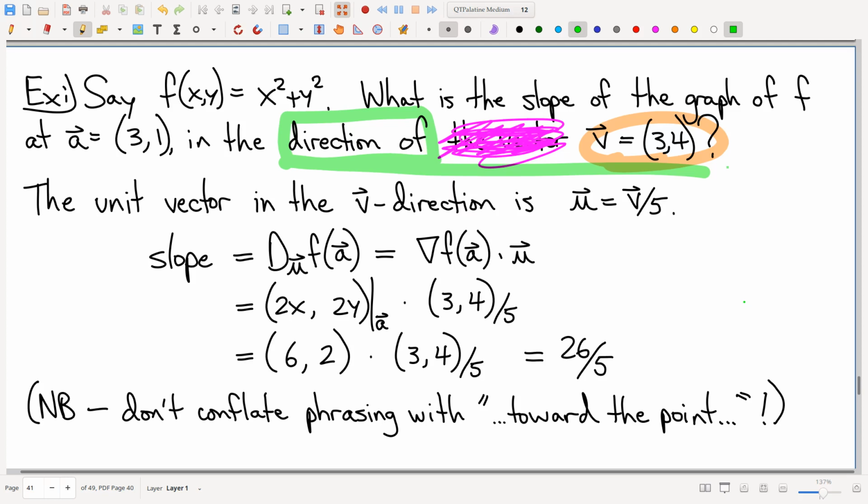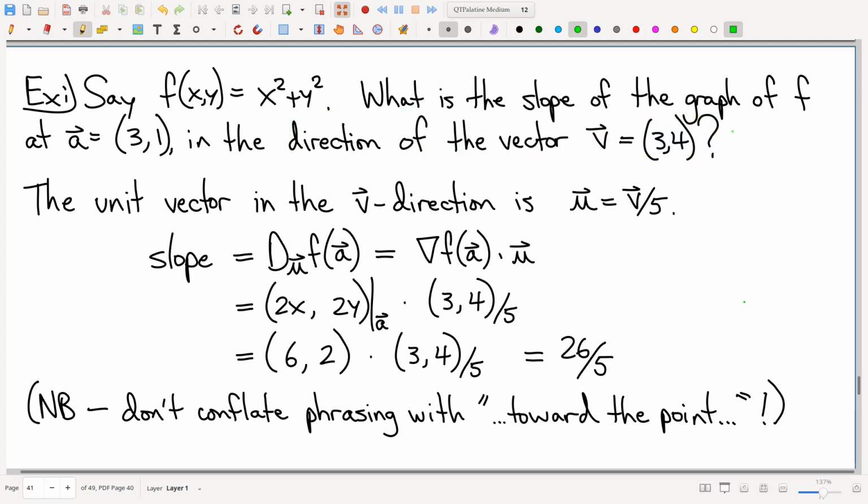So here's what, unfortunately, some students sloppy on this issue will do, and this is tragic. Students will say, okay, well, apparently I'm at the point 3, 1. Okay, there's 3, 1, I guess. We're calling that A. Fine. And then they'll say, 3, 4. I see 3, 4.